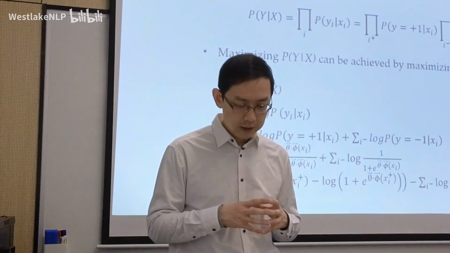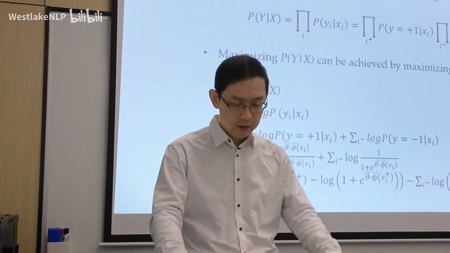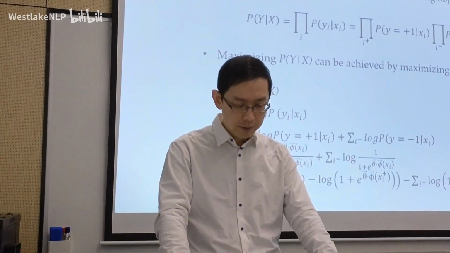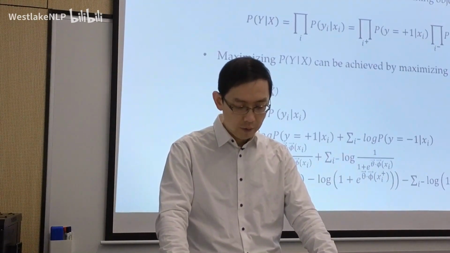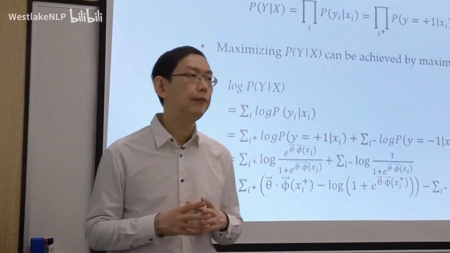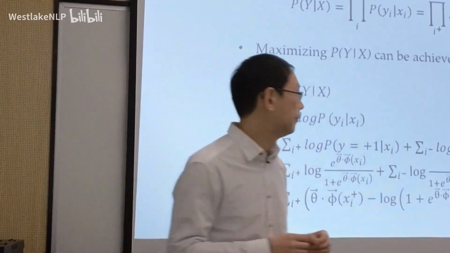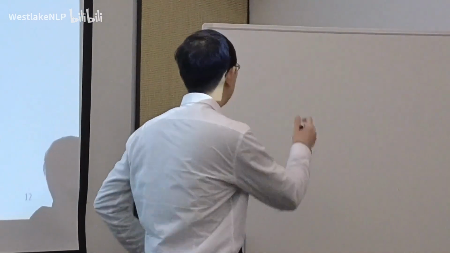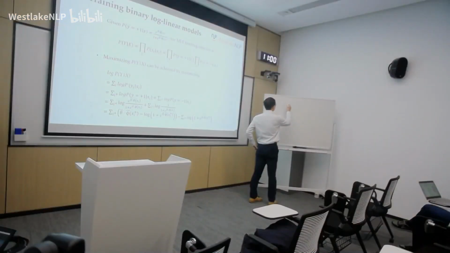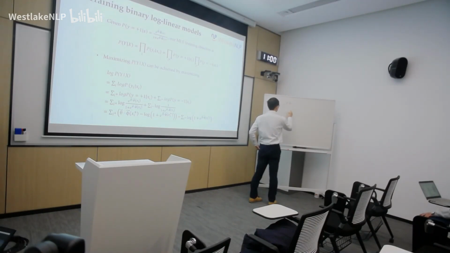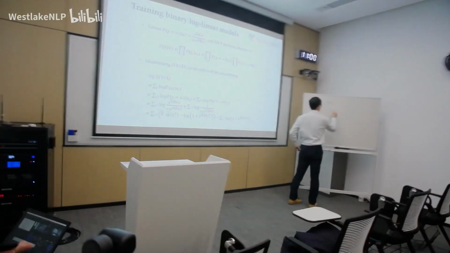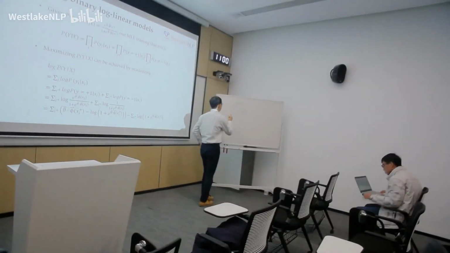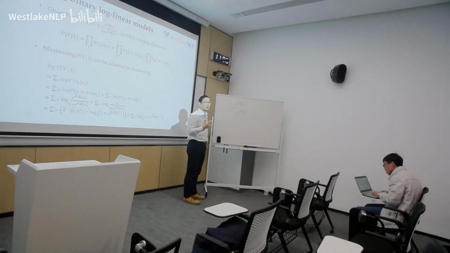For the positive classes, the probability is e to the power of theta phi over 1 plus e to the power of theta phi. For the negative classes, the score is one over one plus e to the power of theta phi.